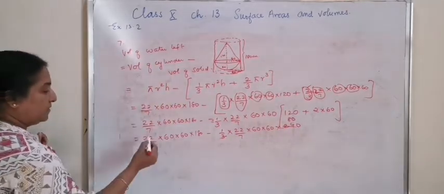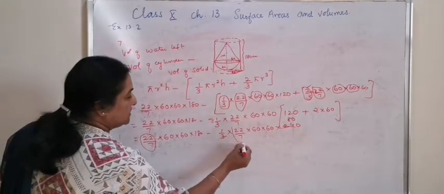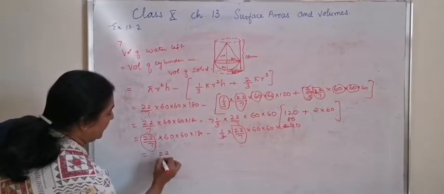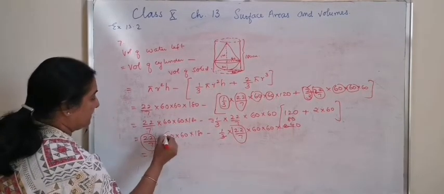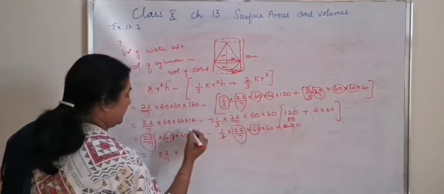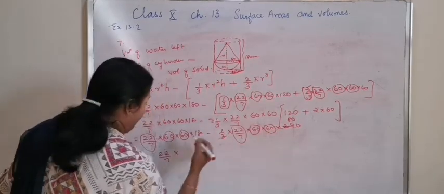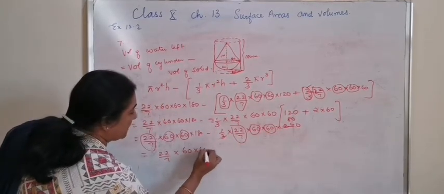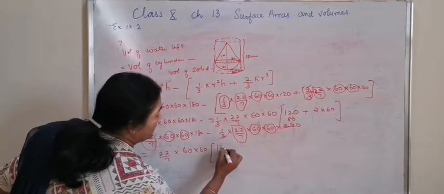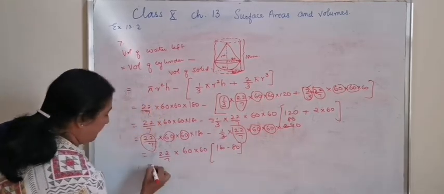Now you can take the common factor from these two parts as 22 by 7, 60, 60, 180 minus 80.